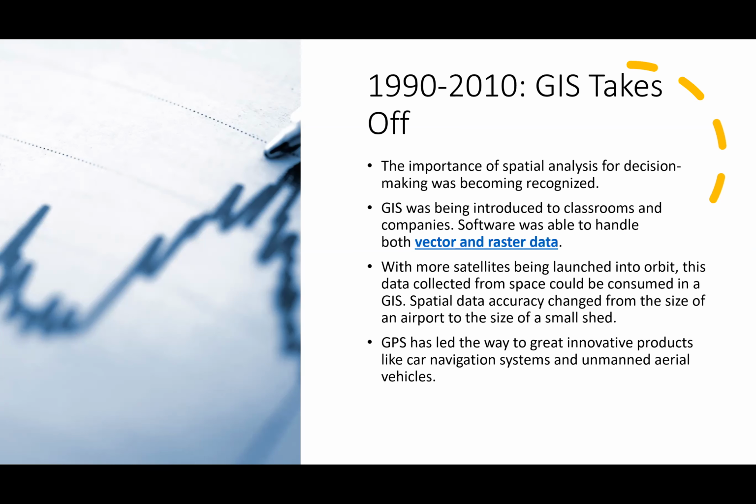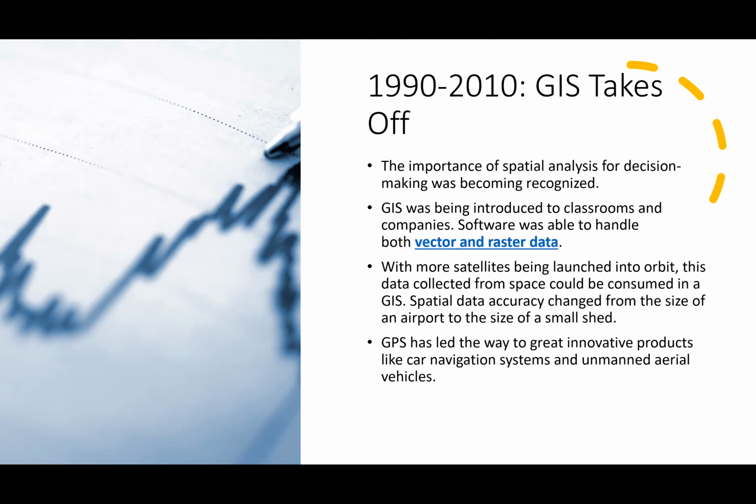With more satellites being launched into orbit, this data collected from space could be consumed into a GIS, which is the raster data. And so spatial data accuracy changed from the size of an airport, meaning that was your margin of error, to the size of a small shed.